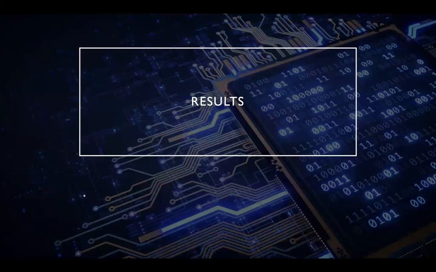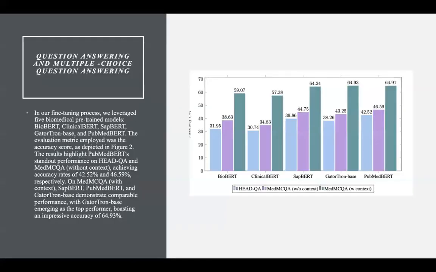So that covers all the process we have done, and we come to the results. The picture on my right-hand side indicates the results from the test we did. For question answering and multiple choice question answering, we leveraged 5 biomedical pre-trained models: BioBERT, ClinicalBERT, SAPBERT, Megatron base, and PubMedBERT. The evaluation metric employed was accuracy, as depicted in the picture on the right.